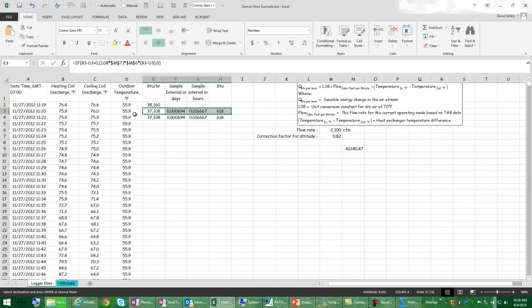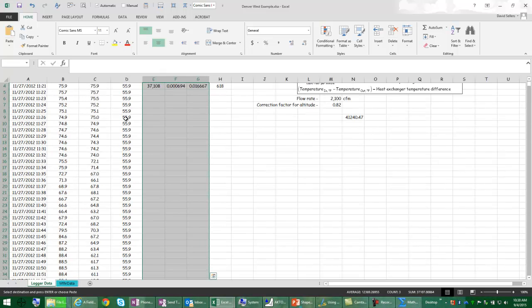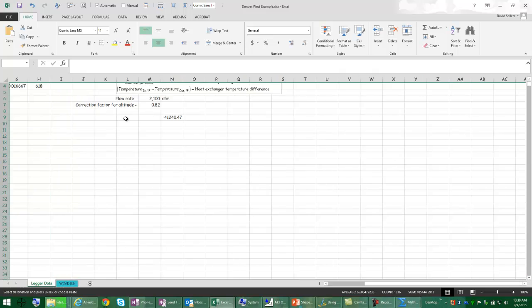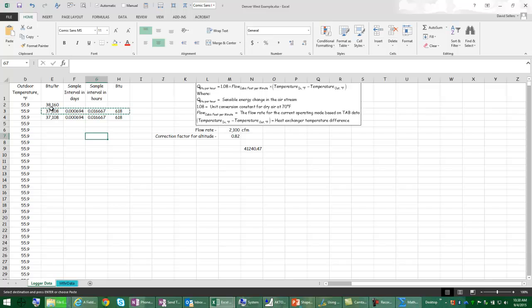Control C. I didn't highlight the cells. Something's hanging up my computer here. There we go. Down arrow. Shift up arrow. Oops. Okay, so I'm going to start this again.